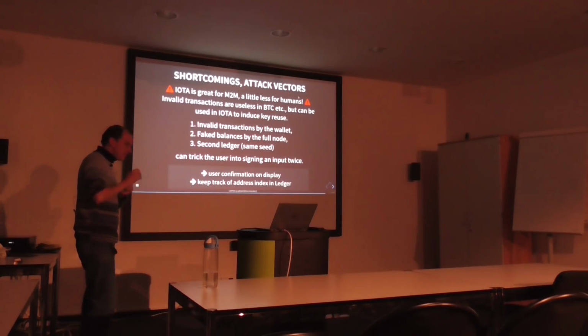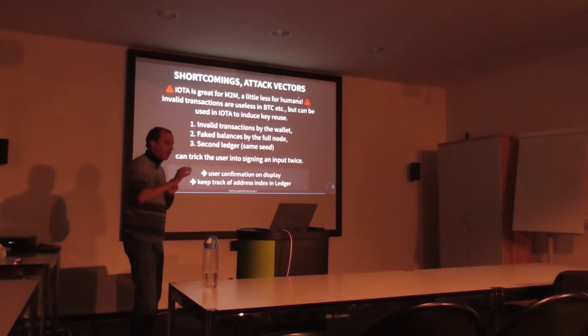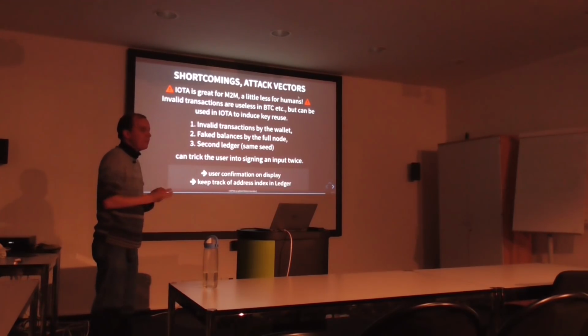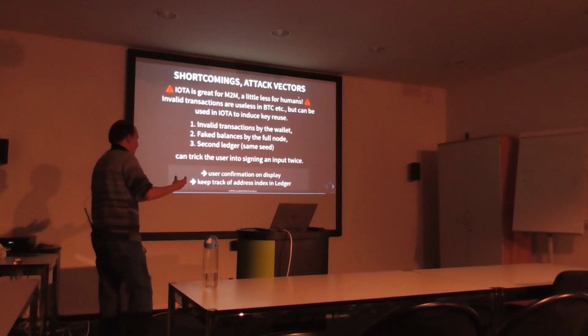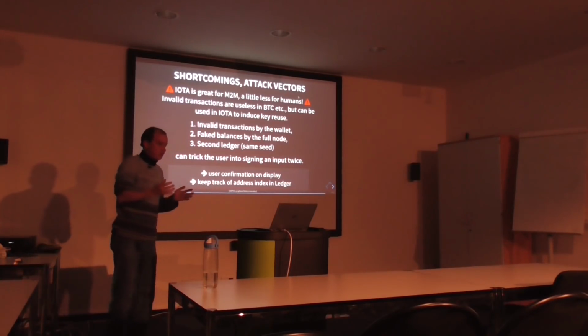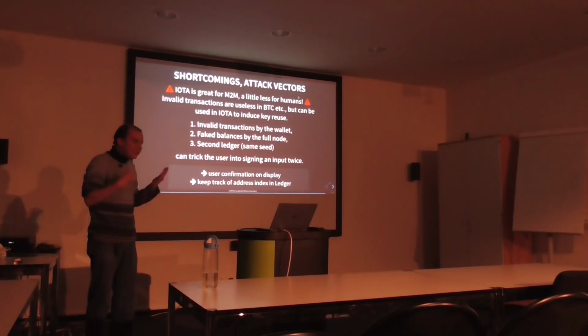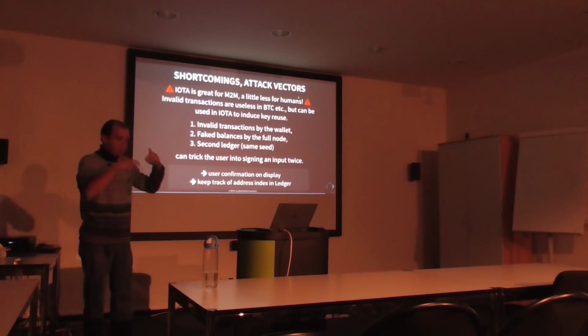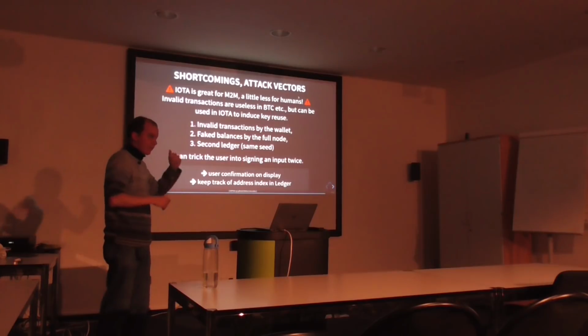This actually makes a huge difference, because it is trivial for a malicious host program to trick the Ledger into generating an invalid transaction. For example, it can say this input address has an amount of 2 on it, and I put out the transaction with 3.